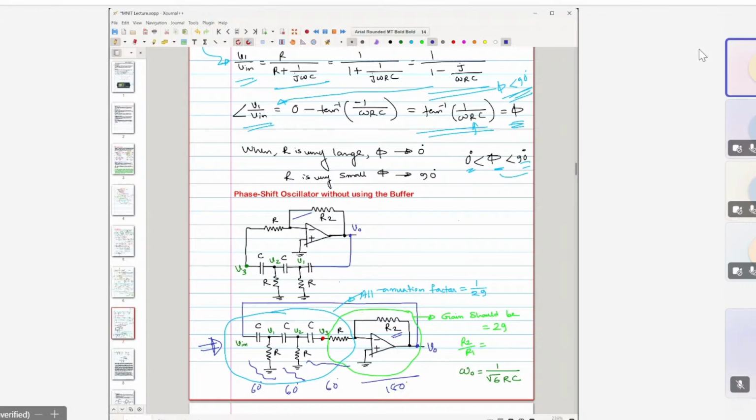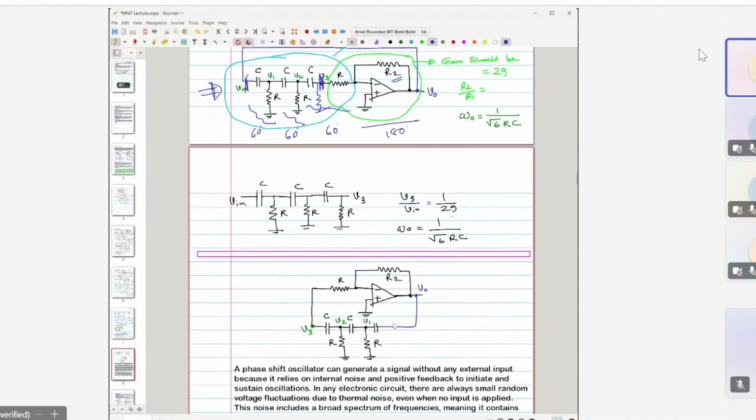So to find that, what do you have to do? You have to take this network, with R connected like this, and find its transfer function. Find the attenuation. See, this is the network: CR, CR, CR.